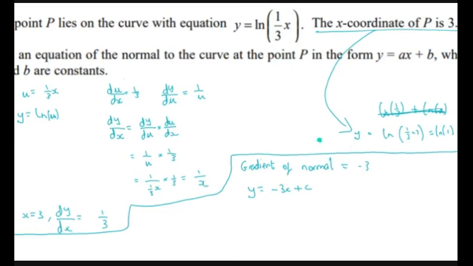Now we know the y coordinate is 0, so our line goes through the point 3, 0. So we have 0 equals -3 times 3 plus c, giving us that c must be equal to 9. So we have y equals -3x plus 9. And that is our equation.